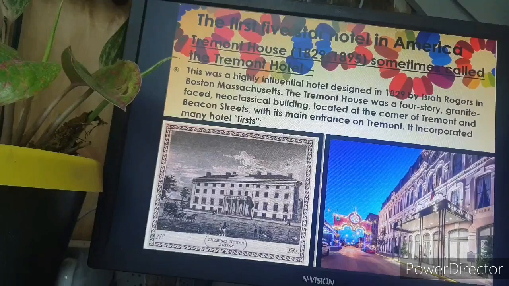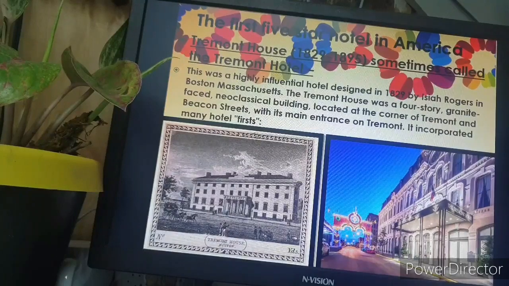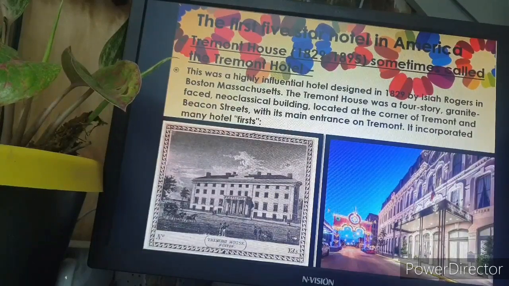If they have already established their name, that's the time they may change the name, or instead of house they will change that to hotel, because they can accommodate tourists already. This was a highly influential hotel design, and take note, it incorporated many hotel firsts.